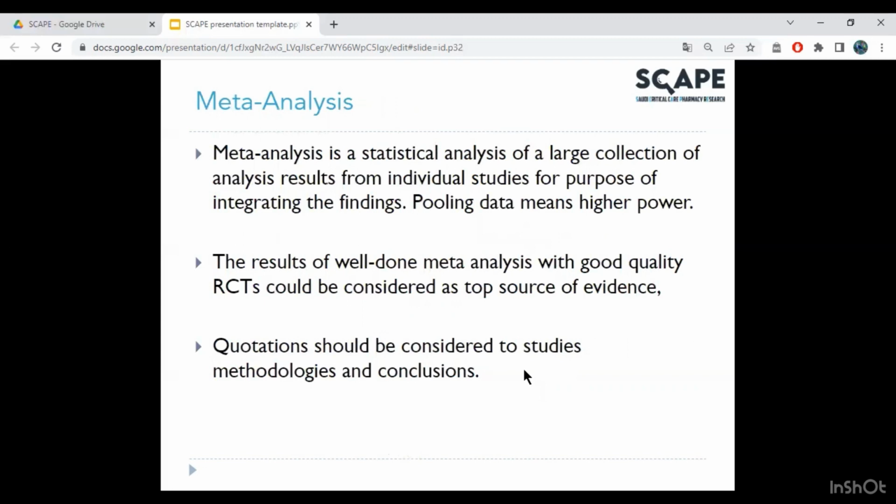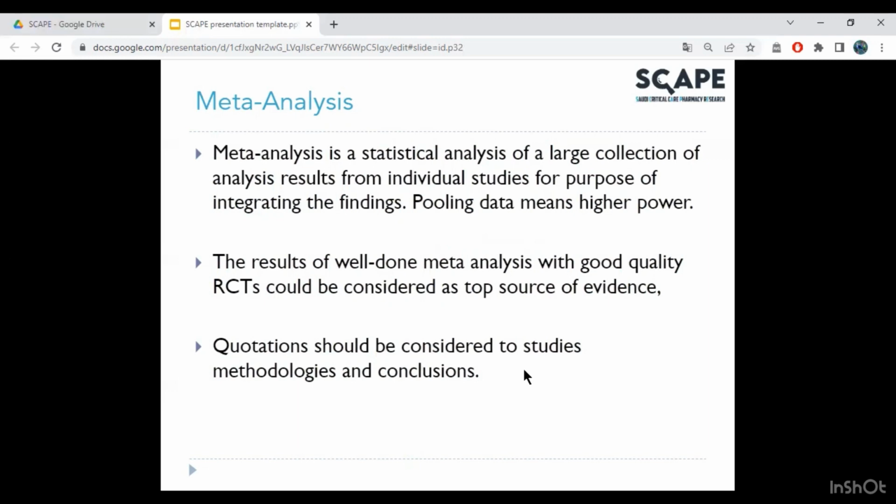Now, meta-analysis is a statistical analysis of a large collection of results from individual studies for the purpose of integrating the findings. Pooling the data means higher power. So if you have many studies, then you can take their estimates and pool them and collect the data.